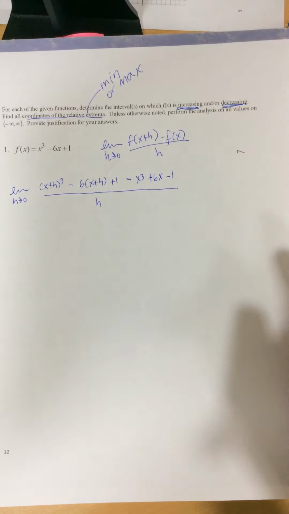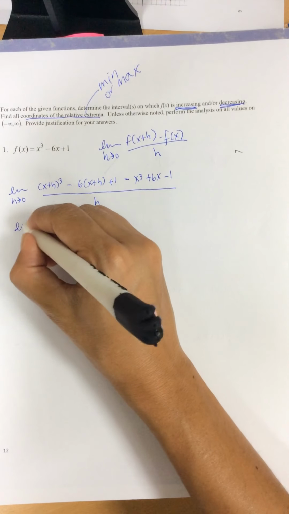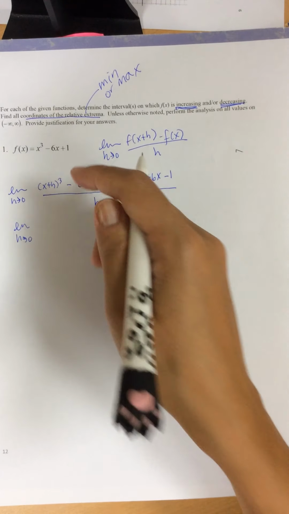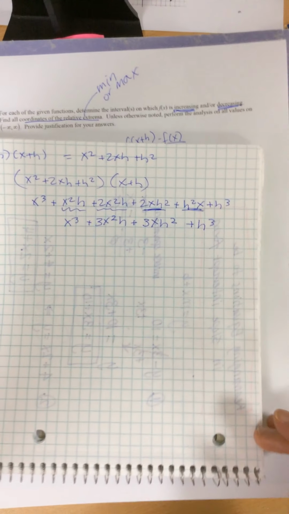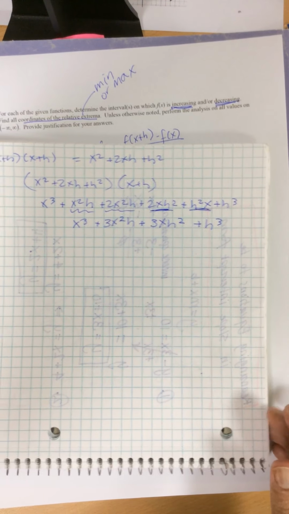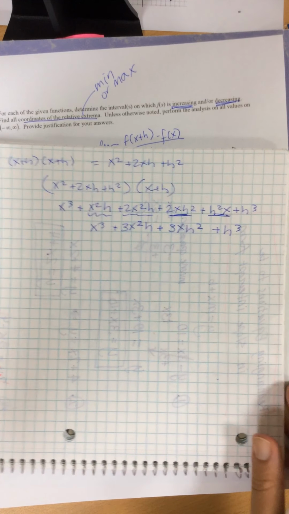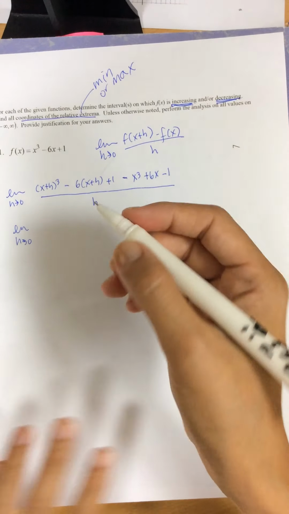Now I just need to simplify, okay? So I worked out how to cube this. If you want to pause and read through that, you can. You can also look up the rule if you don't want to do all that. But I'm just going to go ahead and write what you get.